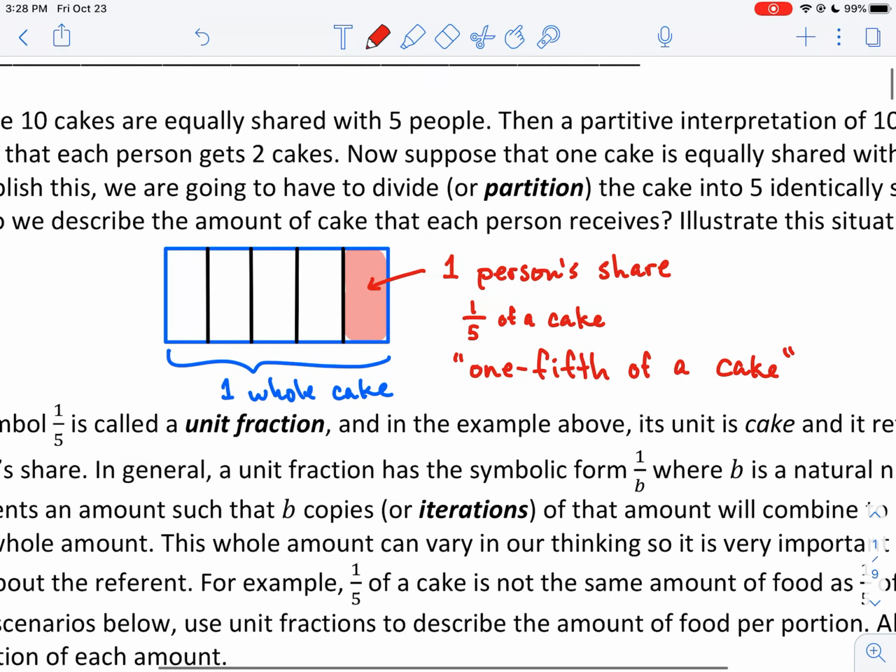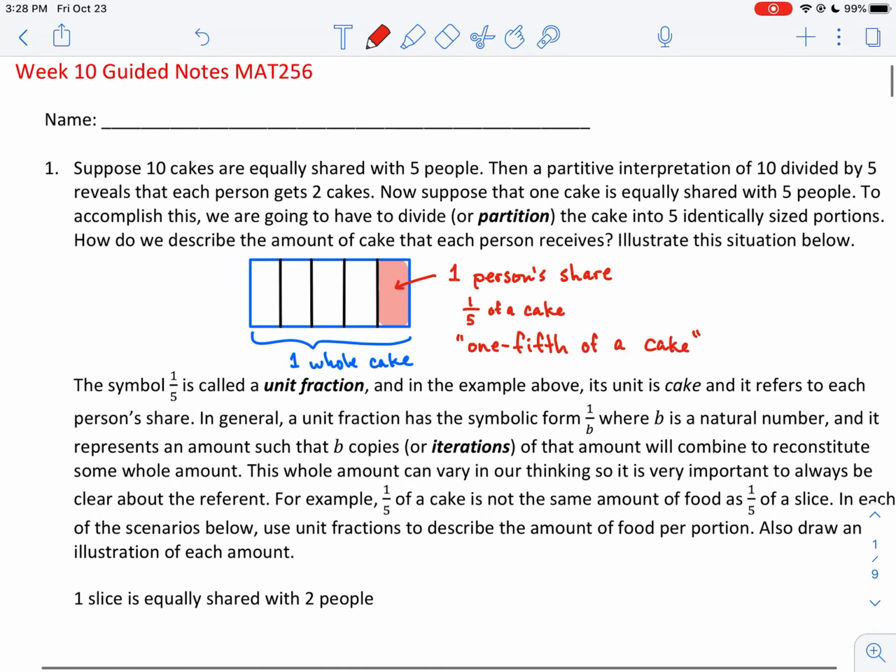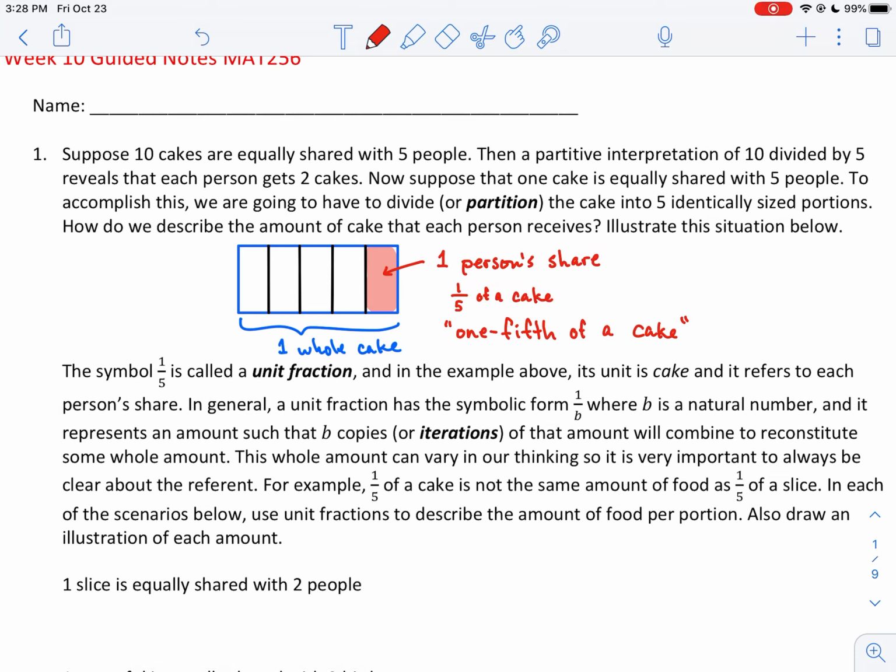So the fraction 1/5, let's talk about that right now in the next paragraph. The symbol 1 over 5, 1 bar 5 like that, is called a unit fraction. What makes it a unit fraction is the fact that there's a 1 in the top position. And in the example above, its unit is cake, so 1/5 cake is fine, or you can say 1/5 of a cake. And it refers to each person's share.